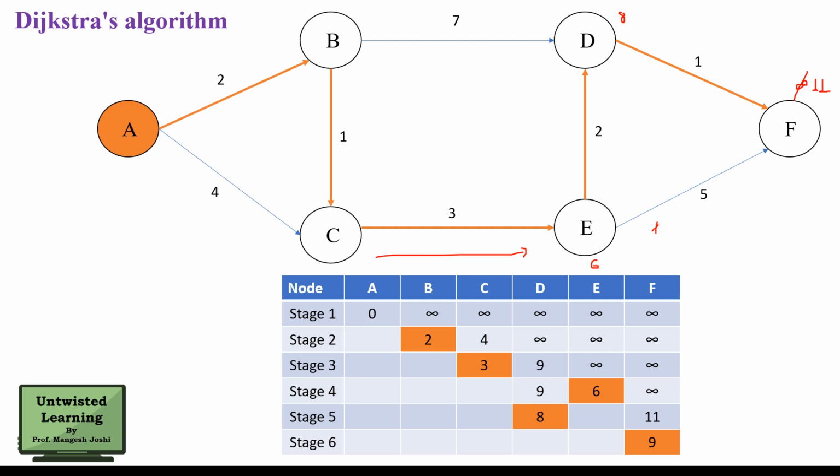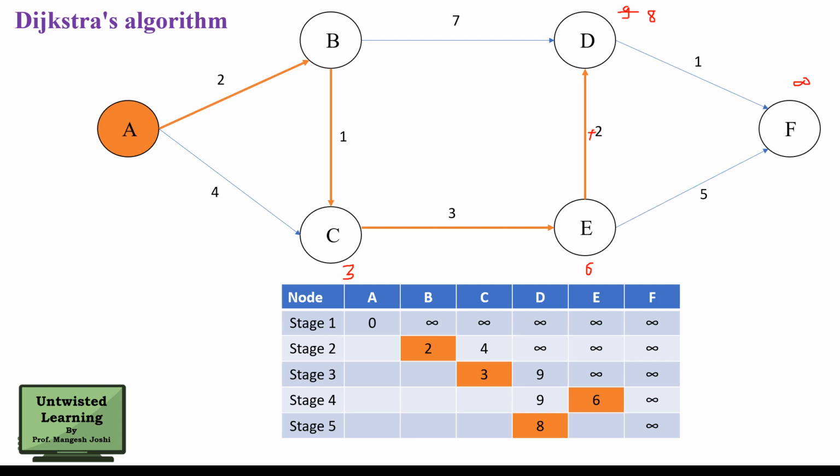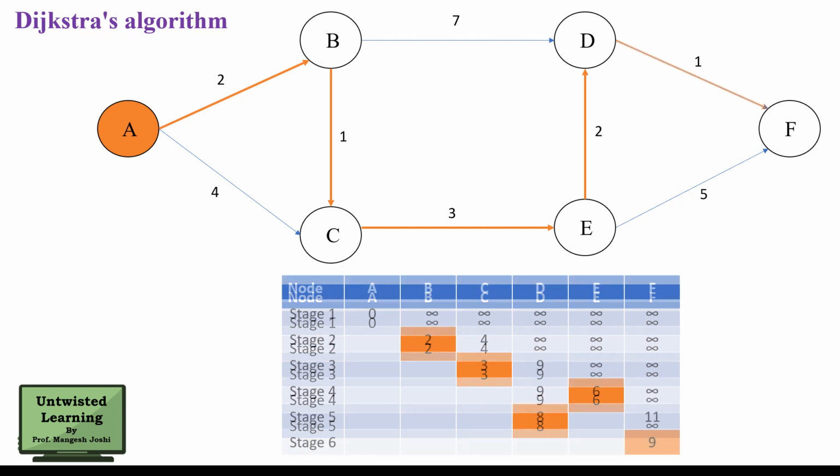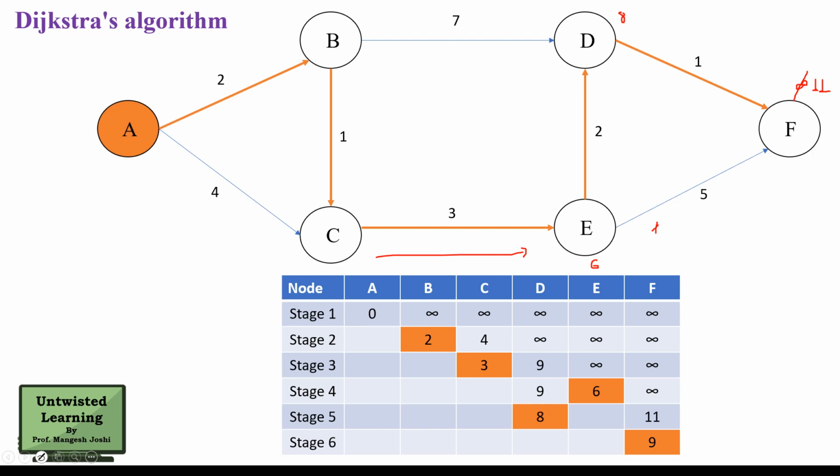In the previous stage we calculated it as 8, but we have not updated this. So in the last stage it was 8, 11, right? Now we will update this: 8 plus 1 is 9. Since it is less than 11, we will update it with 9.